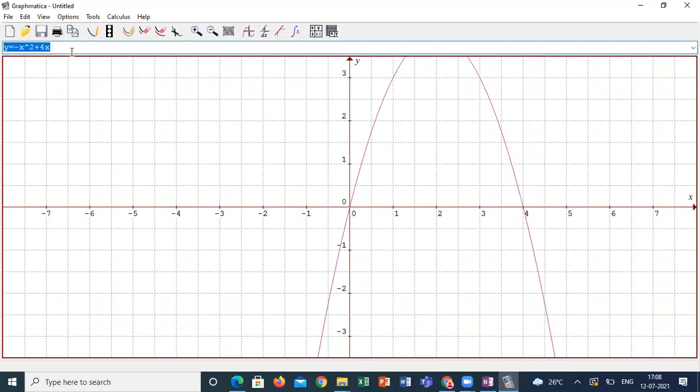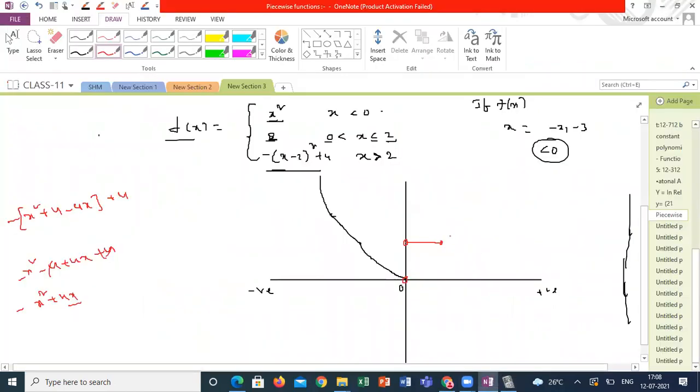See this one. But my function is defined from 2 only. So my graph comes like this. This is 2, and from 2 it goes like this. This is the f of x graph in this case.